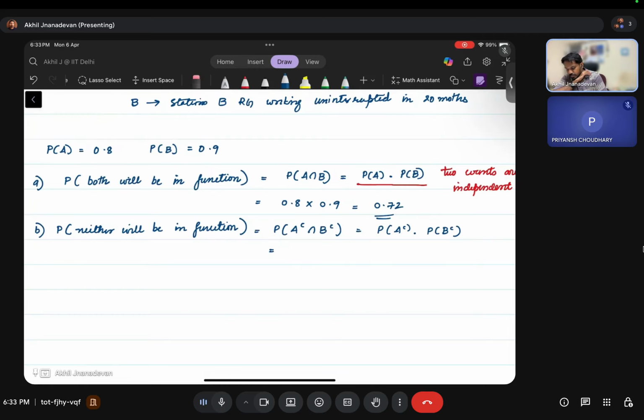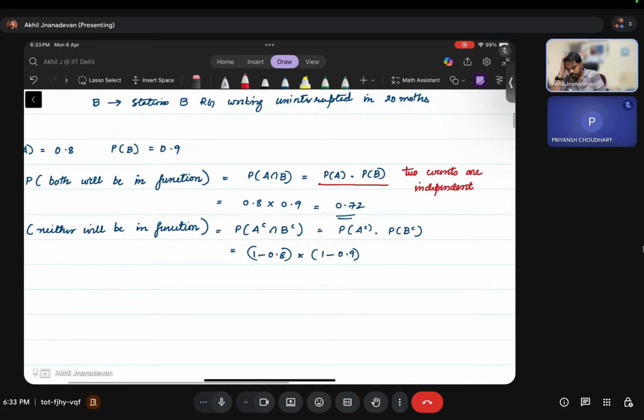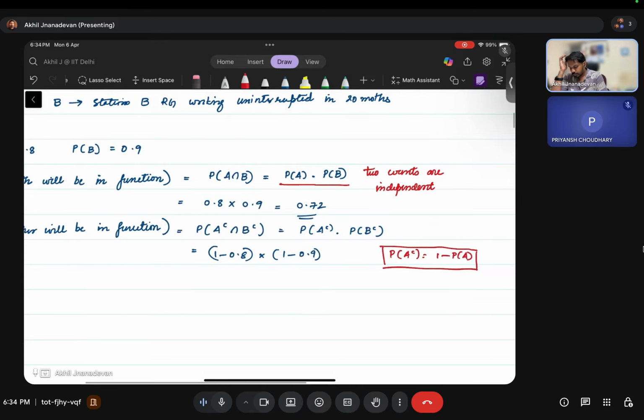A complement is 1 minus 0.8, and B complement is 1 minus 0.9. Here, the probability of A complement is 1 minus P of A, so we have applied this particular equation.